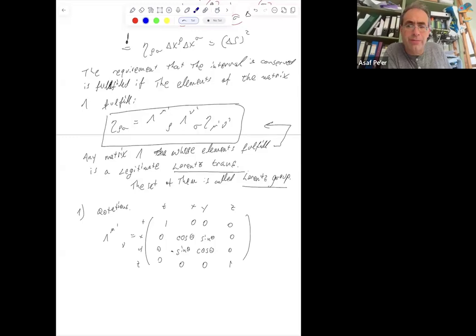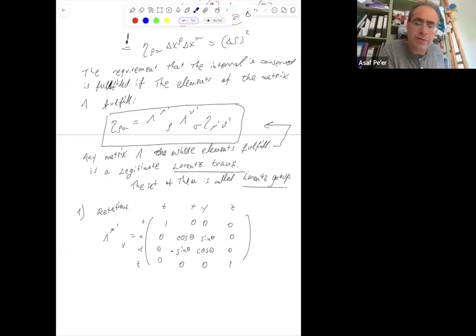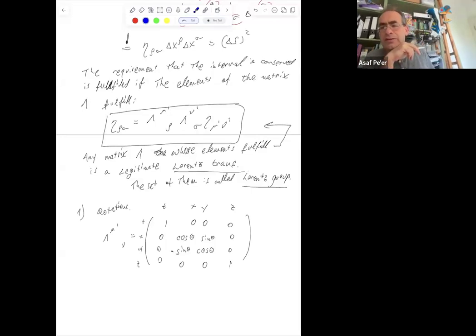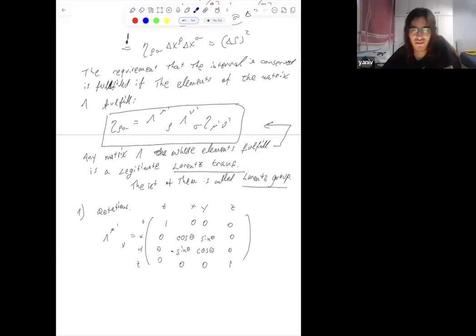And how many terms does the right-hand side of each equation contain? One for each index? No, it will be more.